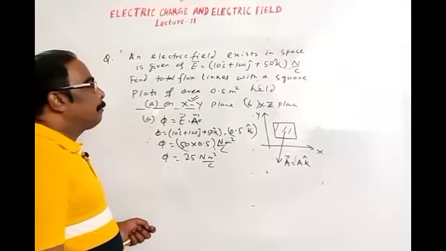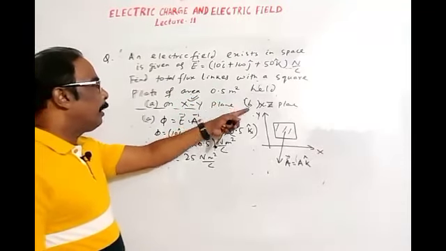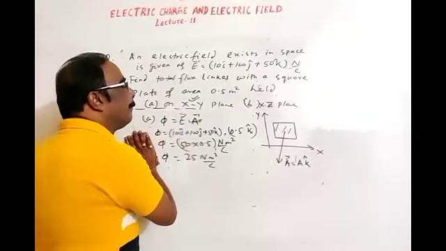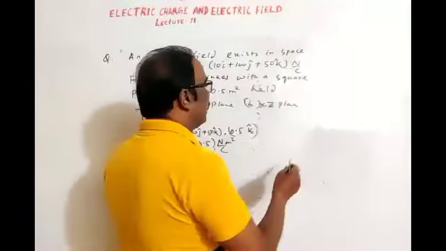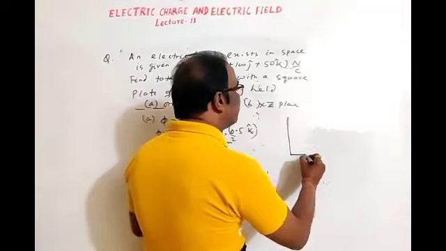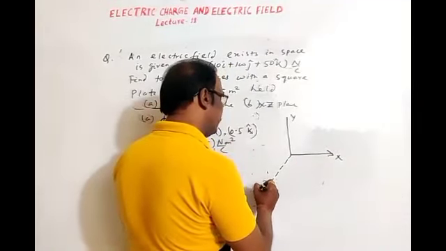For part B, the surface area is on the XZ plane. See students, this is the x-axis, this is the y-axis, and this is the z-axis.